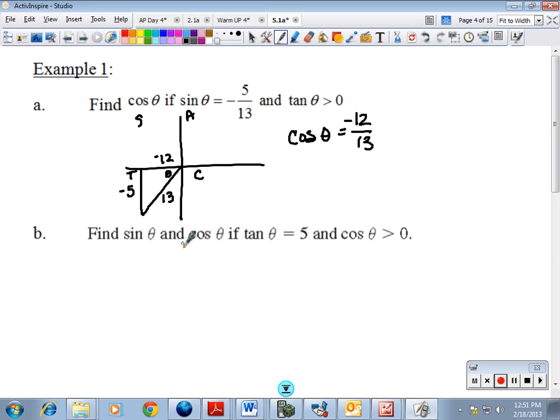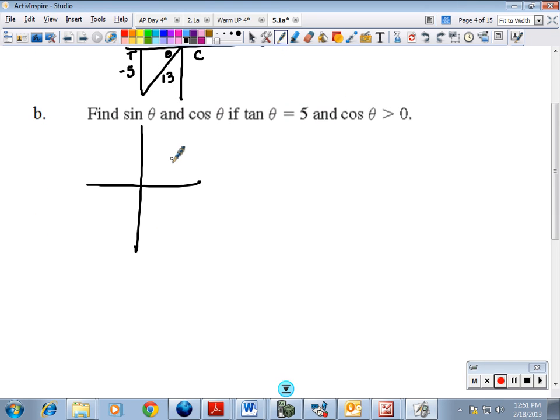It says find sine and cosine if tan is 5 and cosine is greater than 0. Well, cosine is greater than 0 in the first and fourth. Tan is positive, so it must be here. So tan is 5 over 1, hypotenuse square root of 26: 1 squared plus 5 squared, 25, yeah, 26.